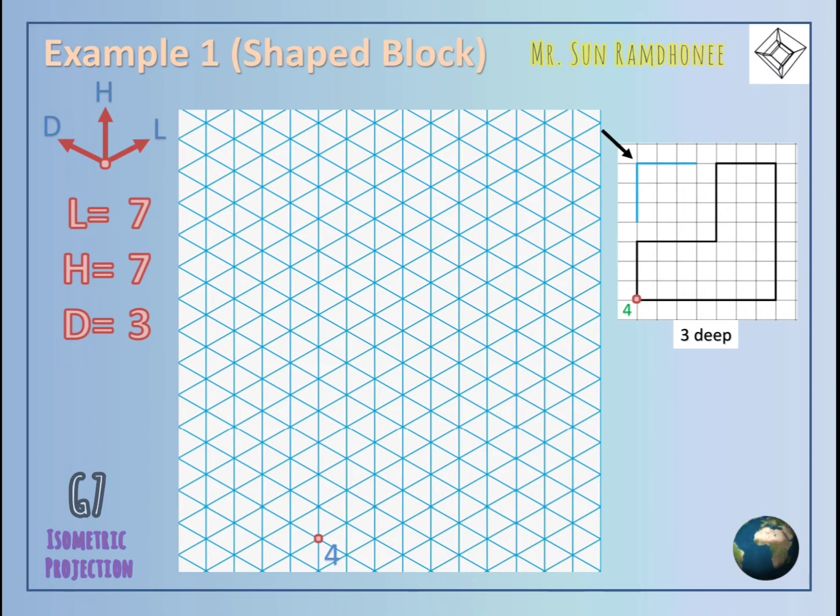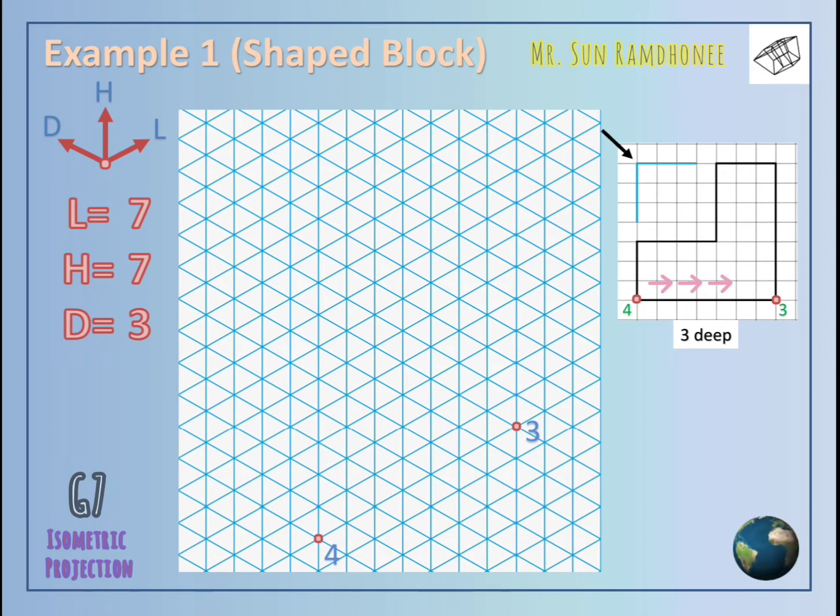Then the next point is point 3. This indicates the direction for length, and we have point 3. We're going to move point 3 here. If you count the distance in terms of squares from point 4 up to point 3, then you'll have 7 squares in the horizontal direction.